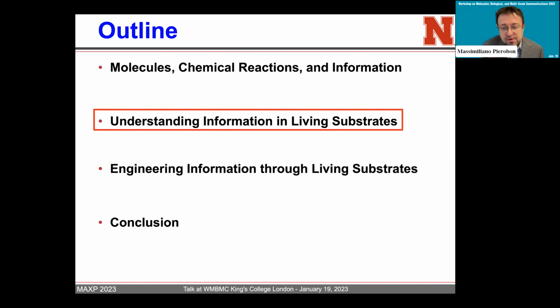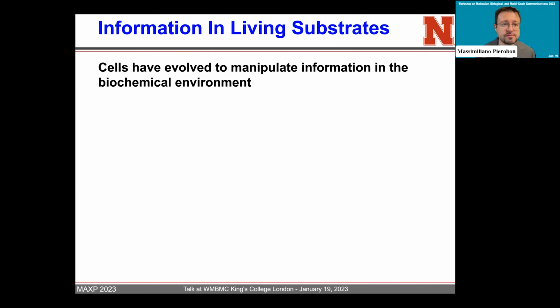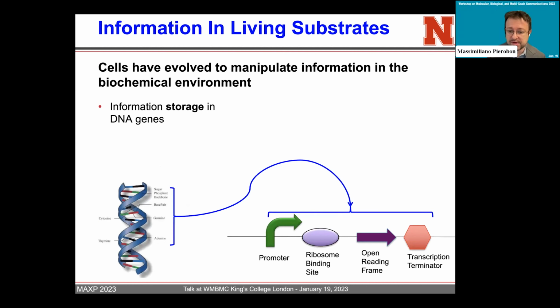So information is in molecules, but information is also a very defining characteristic of life. And so cells, which are the building blocks of life on Earth, have evolved to manipulate information in a biochemical environment. We know very well that DNA is not only a structure, but it has a semantic meaning because it contains information that today we know how to parse, even if partially.